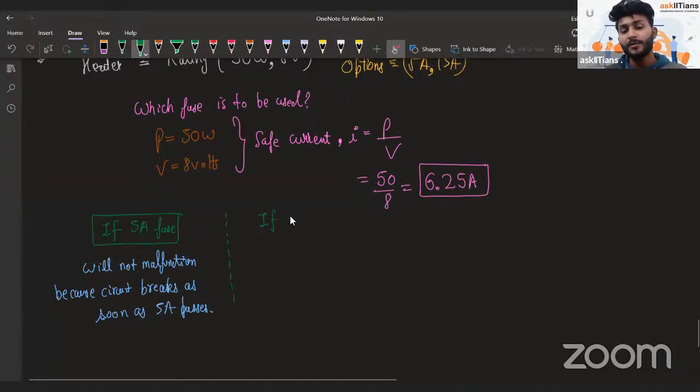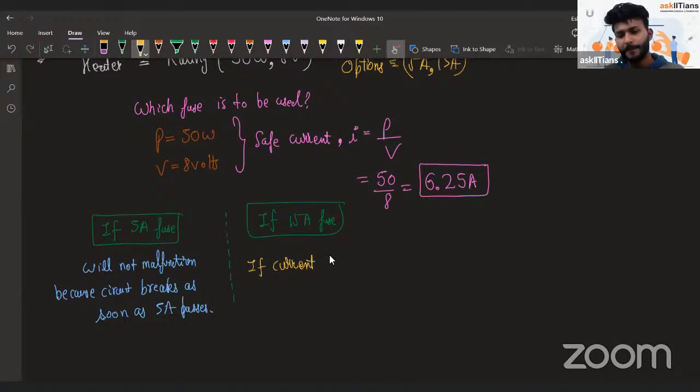But if you start using the 15 ampere fuse, the problem will be if, for example, by chance due to some variation in the electricity supply, the current becomes 8 amperes. What would happen in that case?